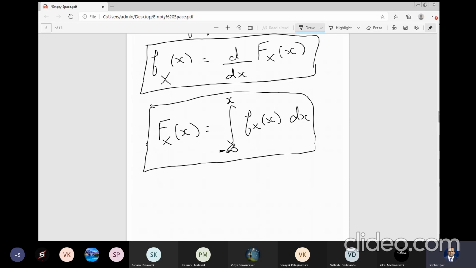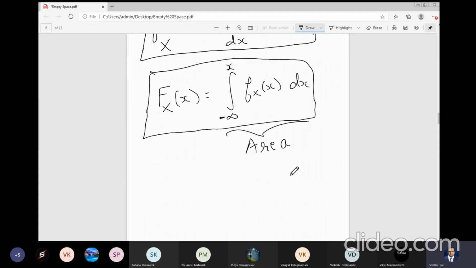So we are performing the experiment starting at minus infinity and going to some x, right? What is the value of x, we do not know, right? So as you can see, we can find the CDF by integrating the PDF, which basically implies we are here finding the area, right? Because as you must know, integration is nothing but summation of finding the total area, right?